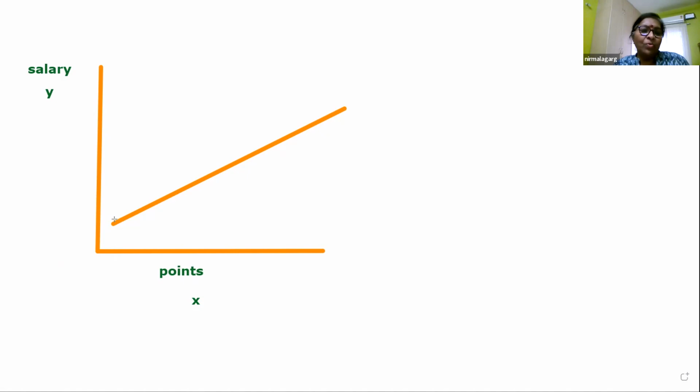So now it has this line cutting into this line which is called Y.